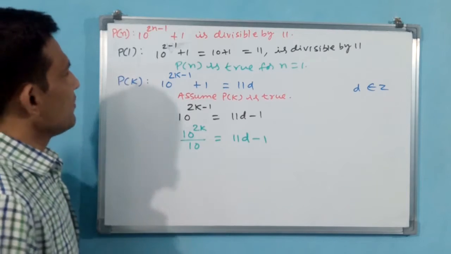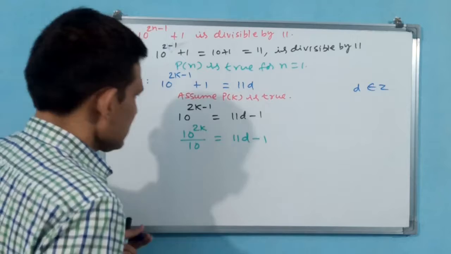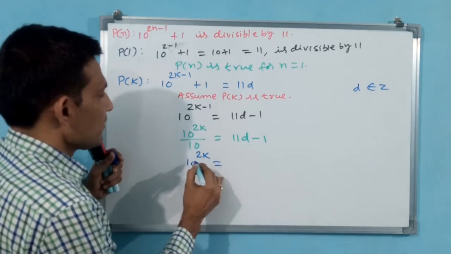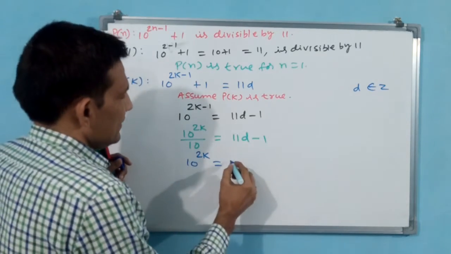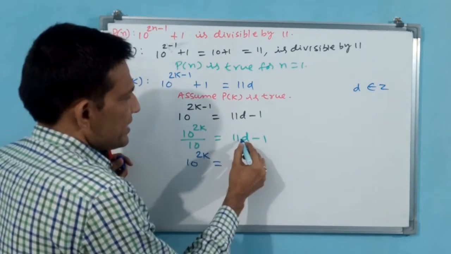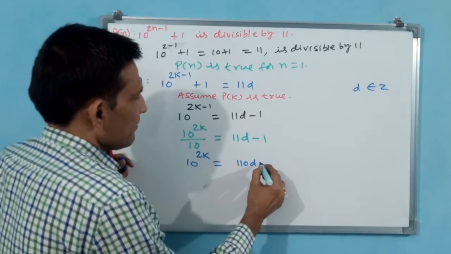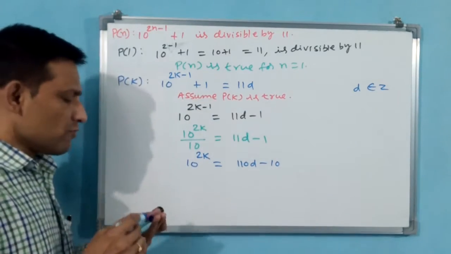Now you write again 10 to the power of 2k. 10 to the power of 2k is equal, see equal to is there, you can send directly. 10 into 11, 110d minus 10 into 1, 10. Is it okay?